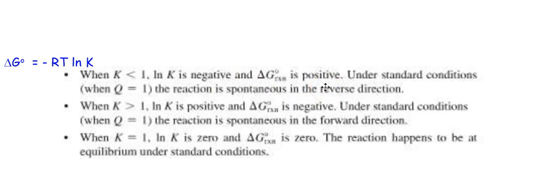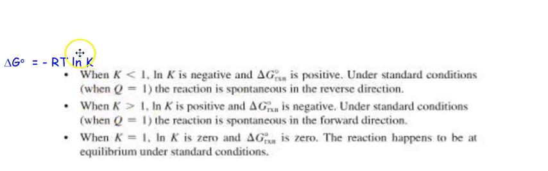What did we say here? If delta G is positive, we learned earlier that it is not spontaneous. We also said if K is less than 1, it favors the reactants. So it is not spontaneous in the forward direction. However, it is spontaneous in the reverse. You are going to have more reactants. That's what this says.